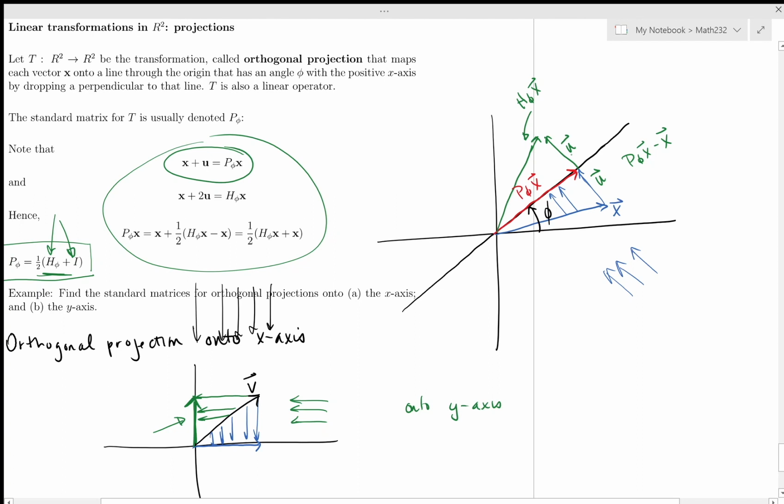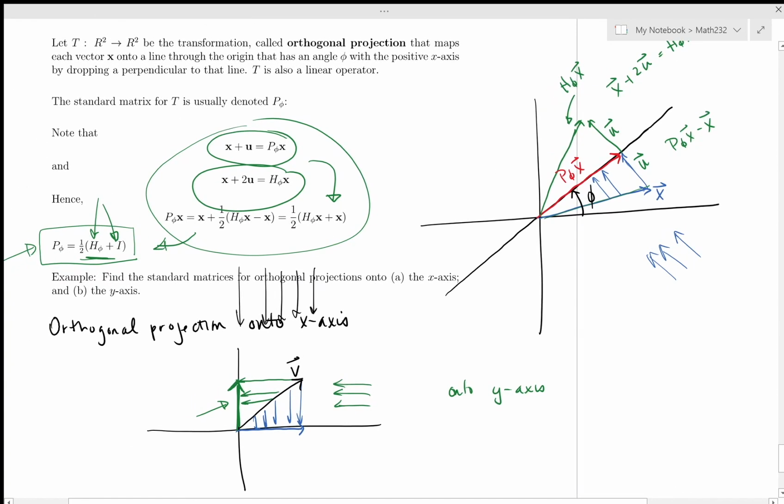And so you can see now that x, that is x coming along here, plus 2u is equal to h phi of x. That is getting you this guy here. Then you use the algebra and you come here. And then a little bit more work and you come here. So go through all those steps yourself. Now feel free to ask in our Zoom session if you want me to fill in more details on that.